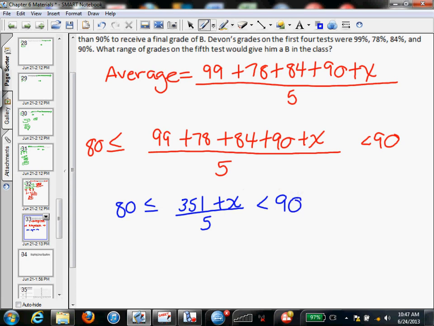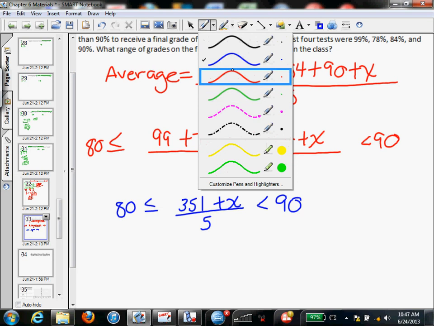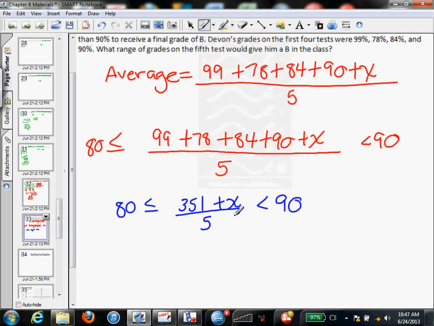Now to start getting things away from the x, let's multiply by 5 on all sides of the inequality. And that's going to free the 351 plus x.